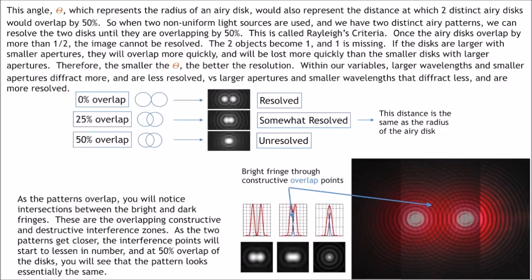In other words, you'll have a whole bunch of these crisscrossings as they start to merge with one another, but as they keep merging, there'll be less and less of them to the point where we're down to essentially one big overlapping constructive and destructive zone. So essentially the patterns will start to look more and more similar as these two points merge. And this will become apparent when we give a little example.